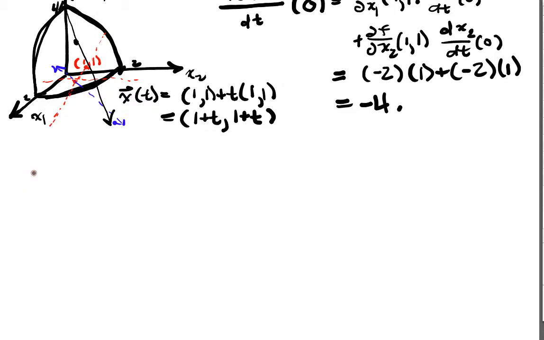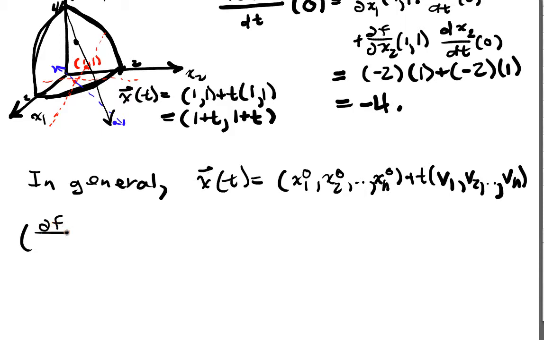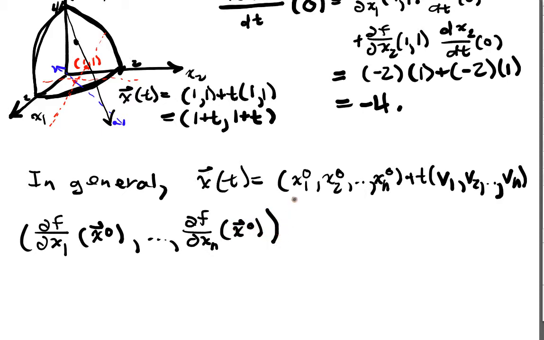In general, and you can verify this, we have a particular line x of t equal to (x1 naught, x2 naught, up to xn naught) plus t times my direction, and I'm going to have (df/dx1 at x naught, all the way up to df/dxn evaluated at x naught), and I'm going to multiply this by (v1 to vn).